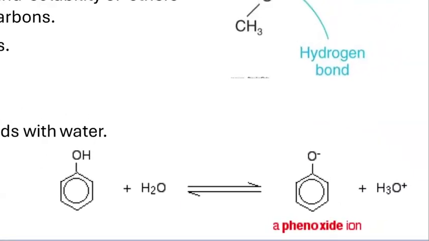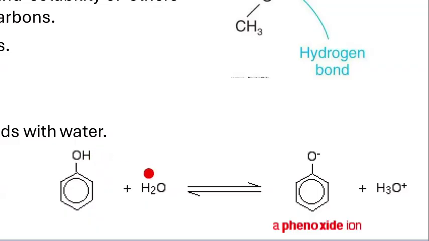When a phenol molecule is placed in water, we can observe that the phenol molecule is going to lose a hydrogen. That means that in this reaction, the phenol molecule is acidic because we see the loss of the proton.